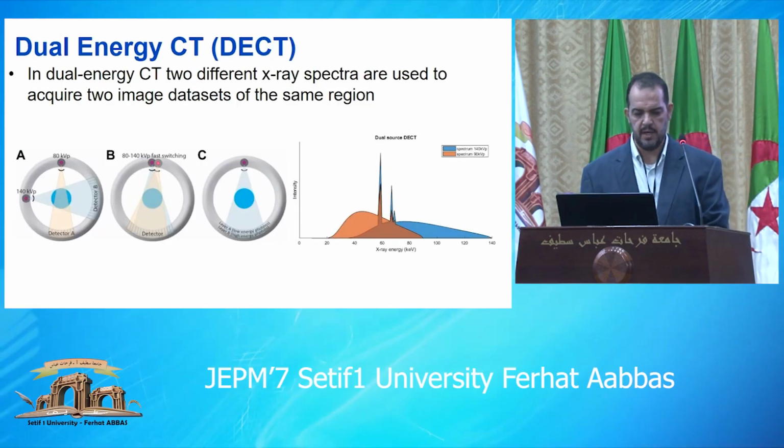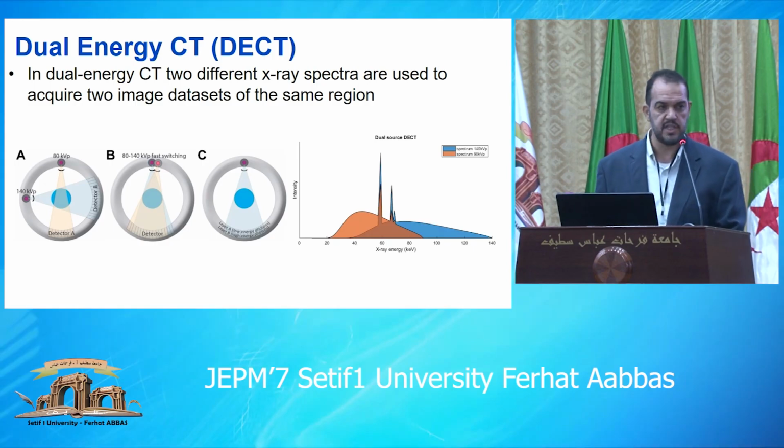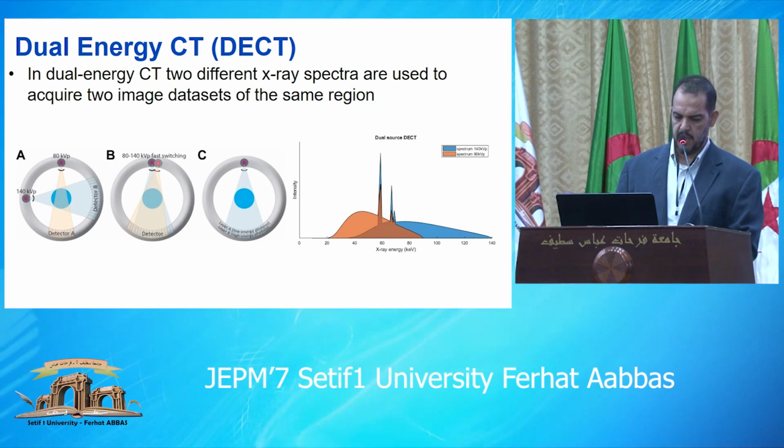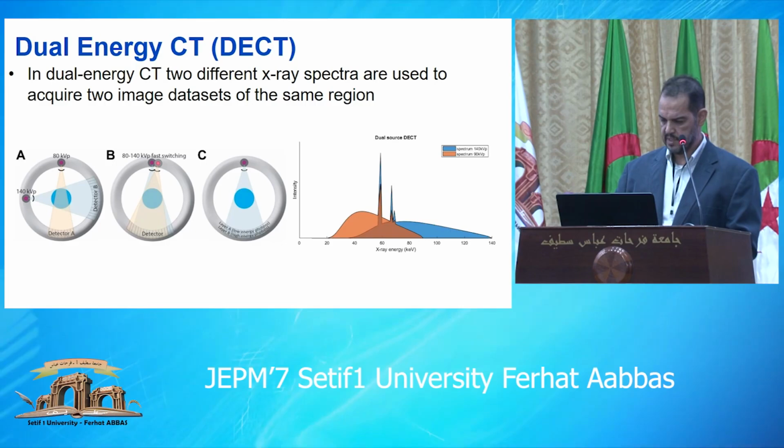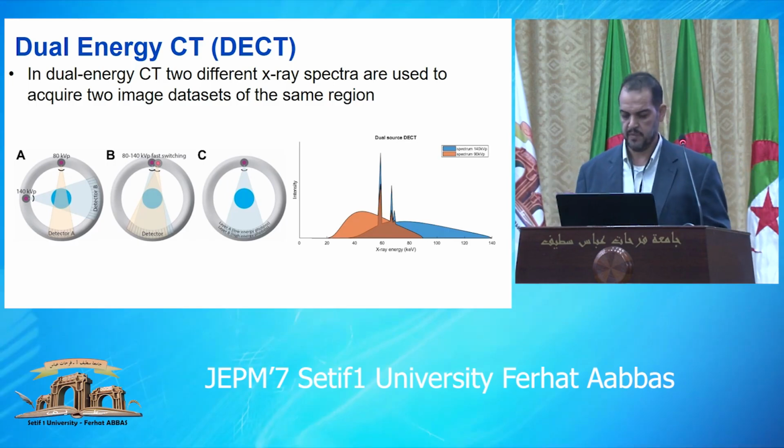So an important development was dual energy CT. There are different ways of achieving dual energy imaging, either switching the kilovoltage of the X-ray tube from low energy to high energy, so you collect an image with a low energy spectrum, and when you change the kV, you get another image at higher energy.